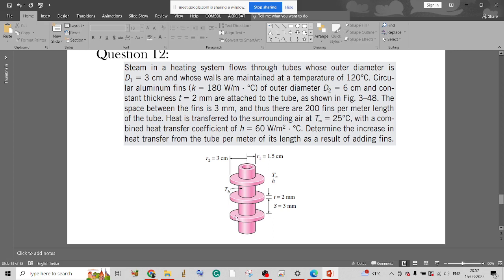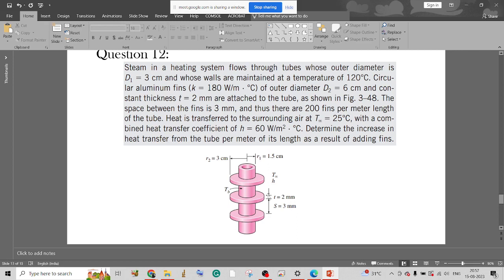Per meter, if we consider one spacer, then we multiply with the number of fins we have, 200. We can do that all together, right? In class we just take the whole heat transfer of the spacer and of the fin, and multiply it with this.